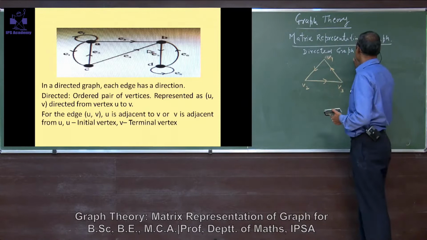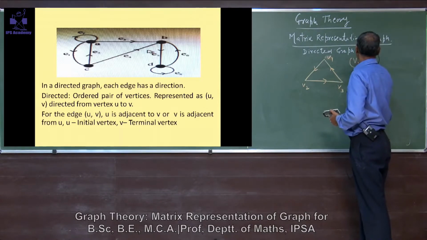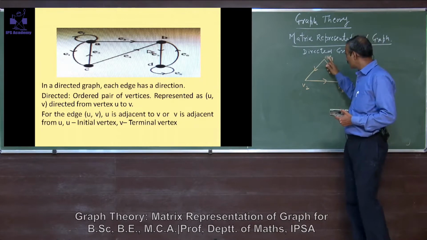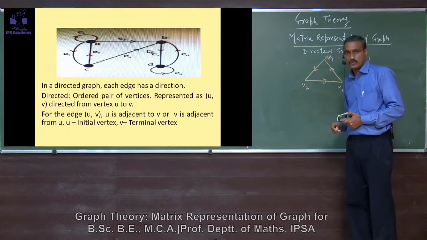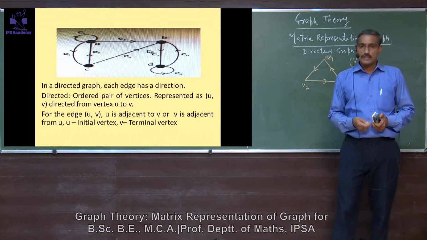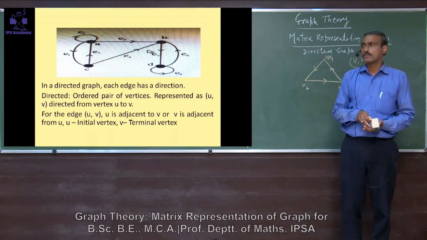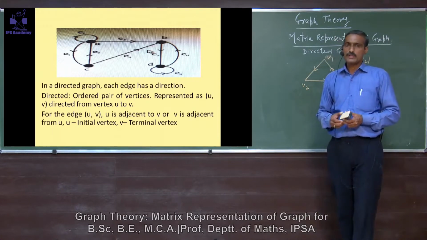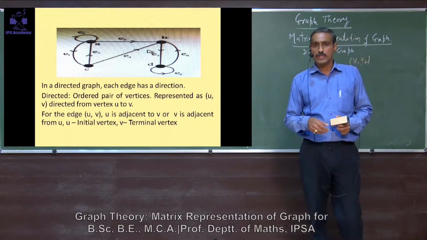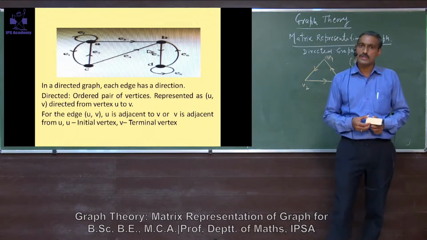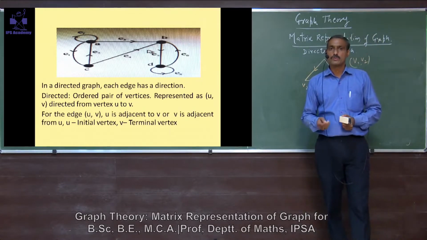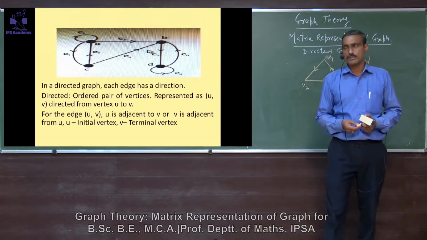So in this case, V1 comma V2 means the direction is from V1 to V2. The ordered pair of vertices we represent as U comma V, directed from U to V. For the edge U comma V, U is adjacent to V and V is adjacent from U, where U is the initial vertex and V is the terminal vertex.